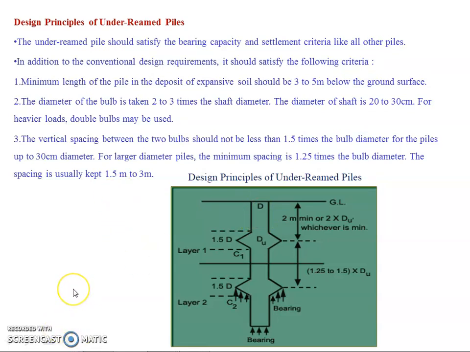Then the third principle: the vertical spacing between the two bulbs should not be less than 1.5 times the bulb diameter for piles up to 30 centimeter diameter. If we have to provide two underream portions, the spacing between them should be 1.5 times Du.